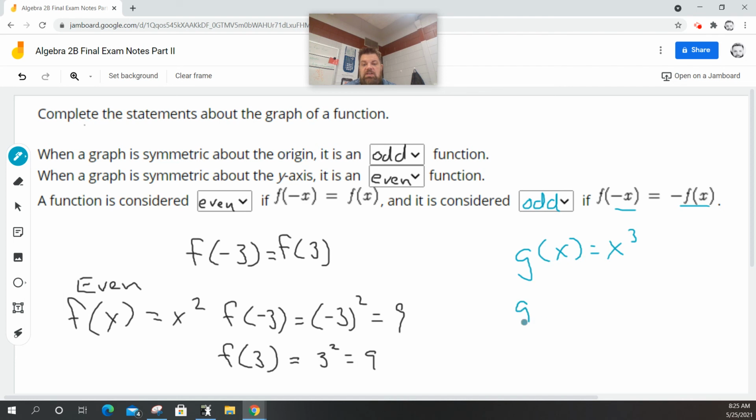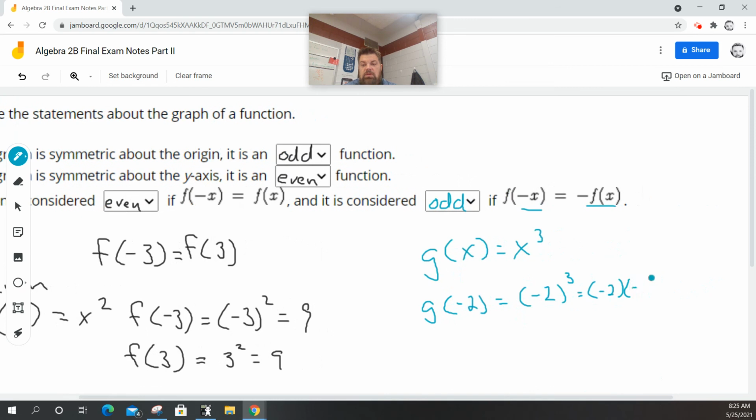So now if I say g of -2, I get -2 cubed, and that's the same as -2 times -2 times -2. Well, -2 times -2 becomes +4. +4 times a -2 is a -8.